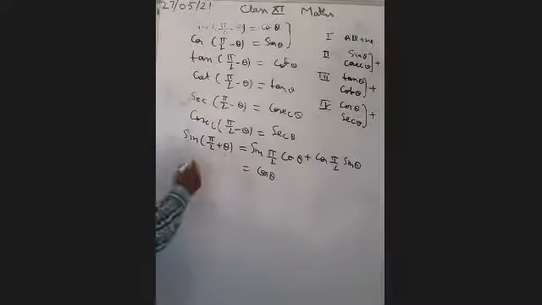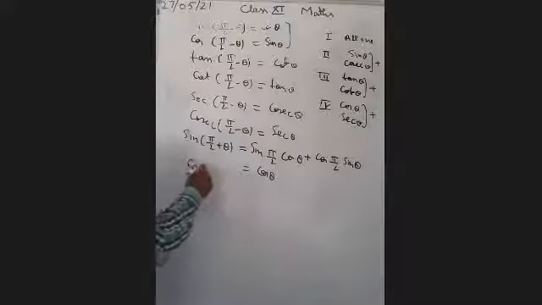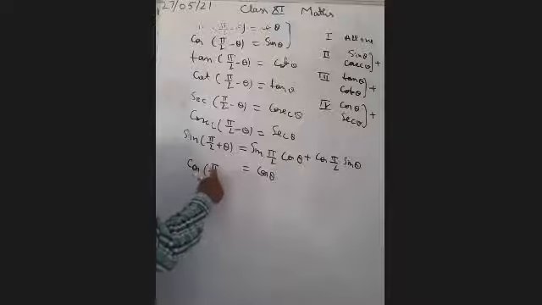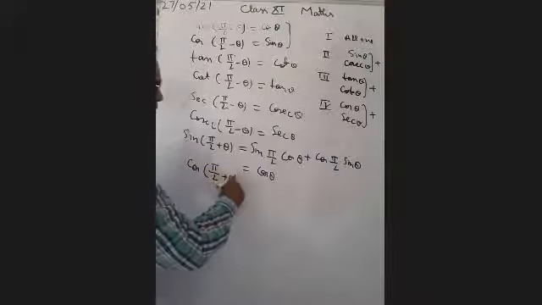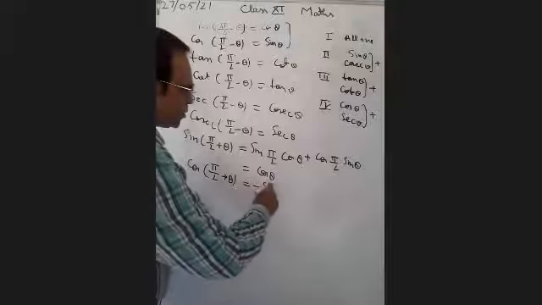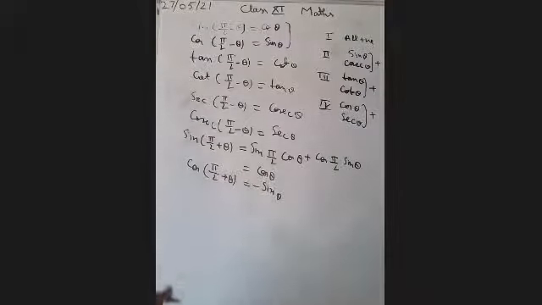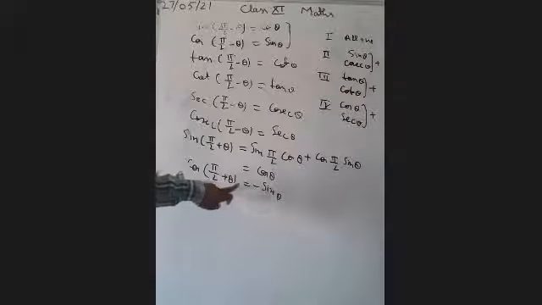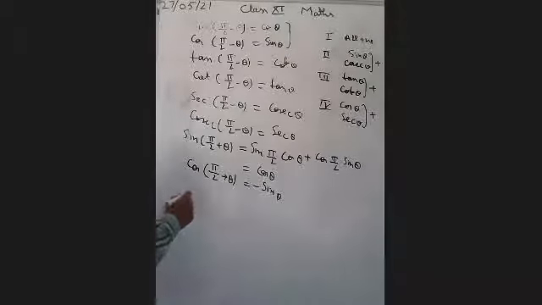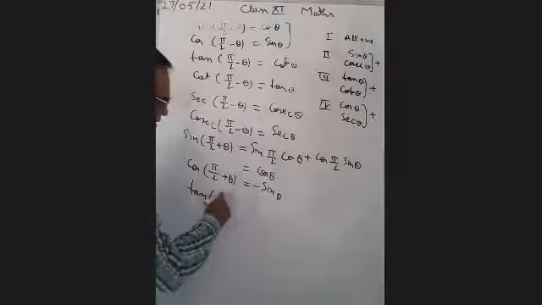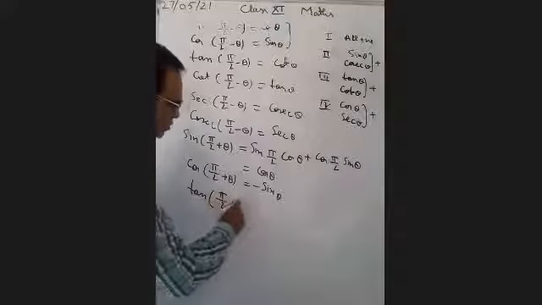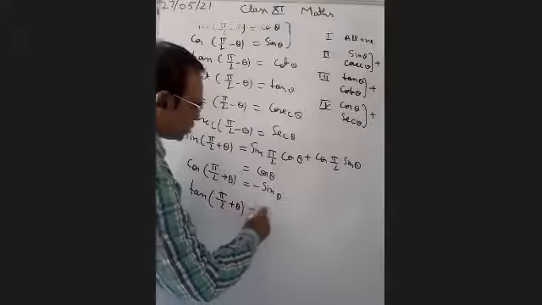If you convert in the same way, you will get cos pi by 2 plus theta equal to minus sin theta, because cos is negative, the value will come, okay, by itself. By using the formula of cos x plus y, you will get the value minus sin theta. If you want to find out the value of tan 90 plus theta, you can find the value by using sin theta upon cos theta.